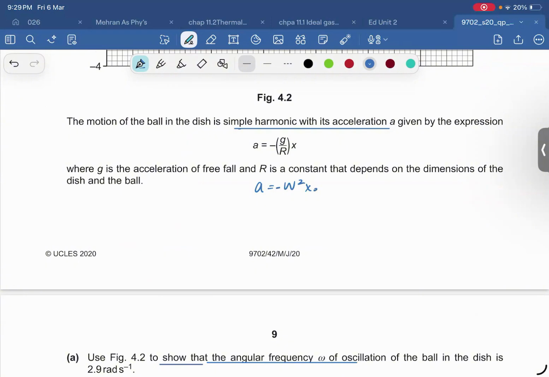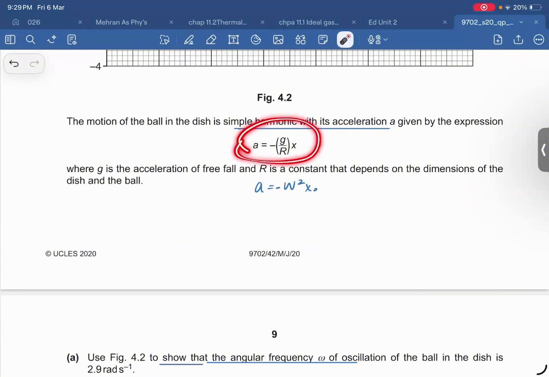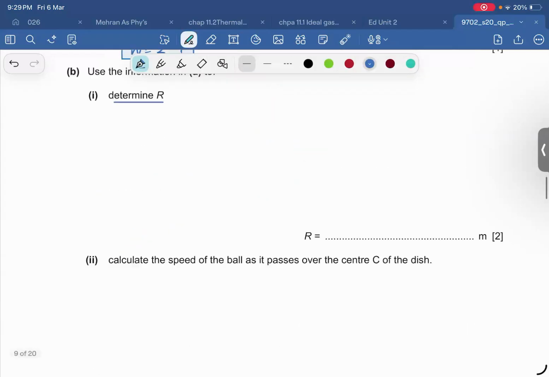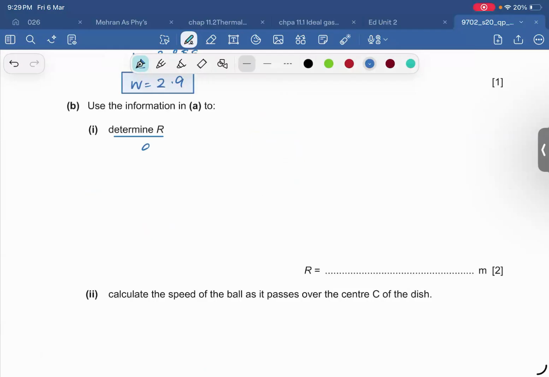So for this system to be in simple harmonic motion, this whole thing should be equal to omega squared, not omega. Clear? So very good. You can say that g over r should be equal to omega squared, and g is 9.81 divided by 2.9 squared, and that is going to be your r. How much?